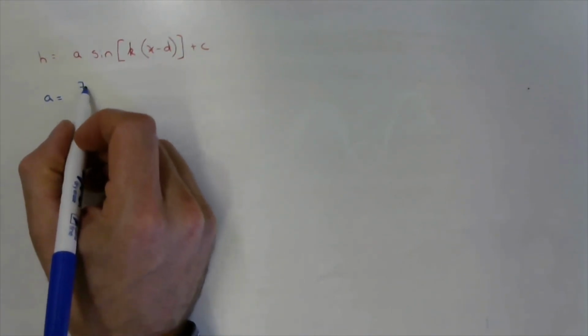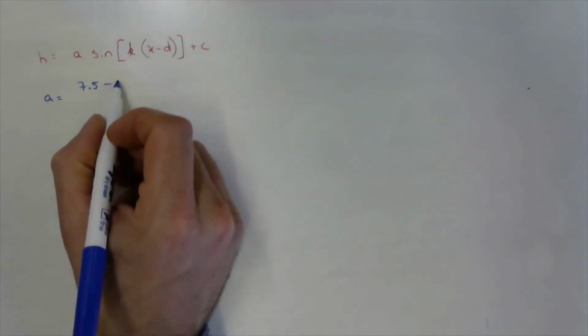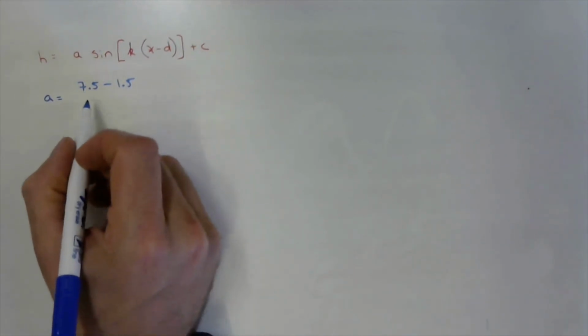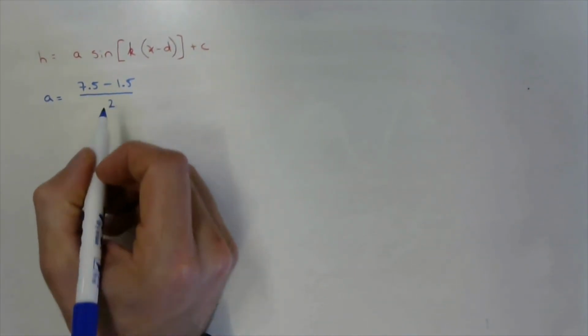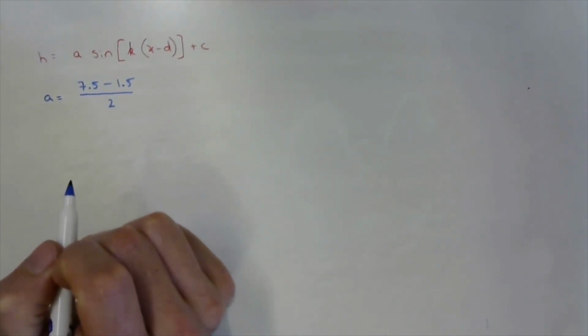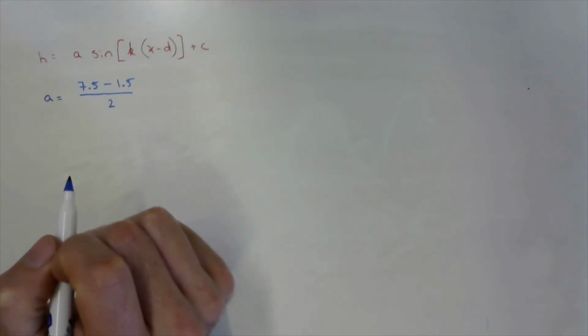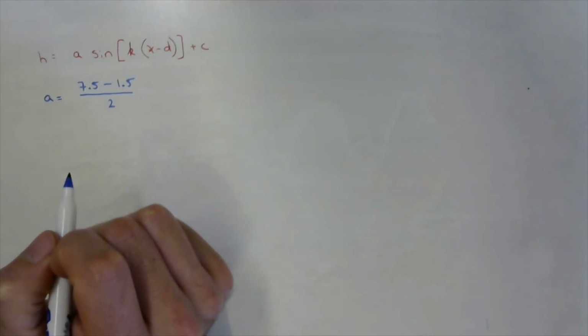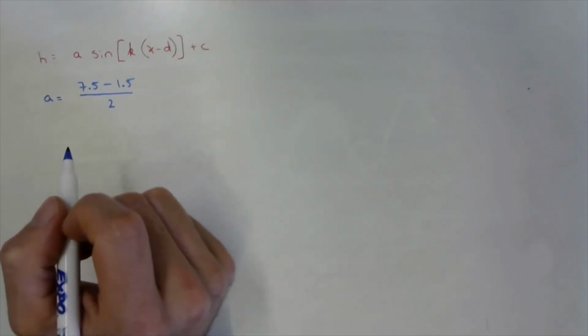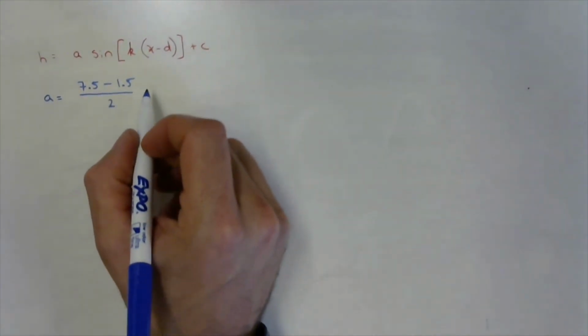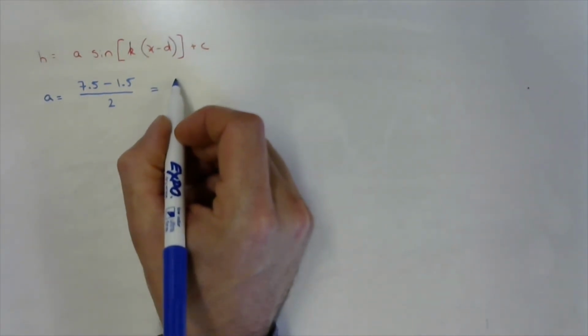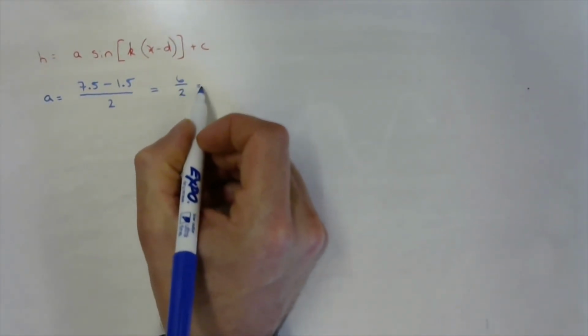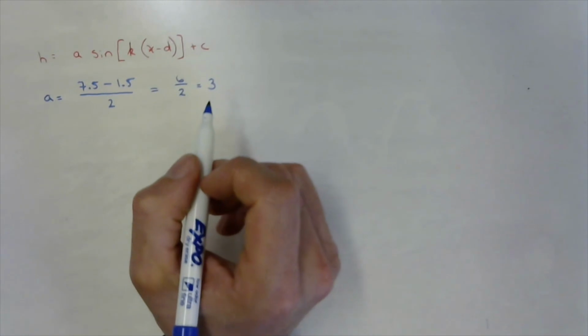So we have the difference between the max and min heights, and we're going to take half of that. Sorry, that's not going to give us its rest position. That's going to give us its amplitude. So here we have 6 over 2, which is 3. So we have an amplitude of 3.